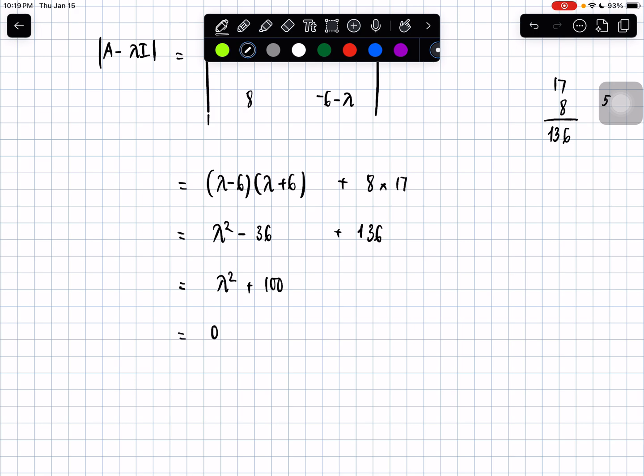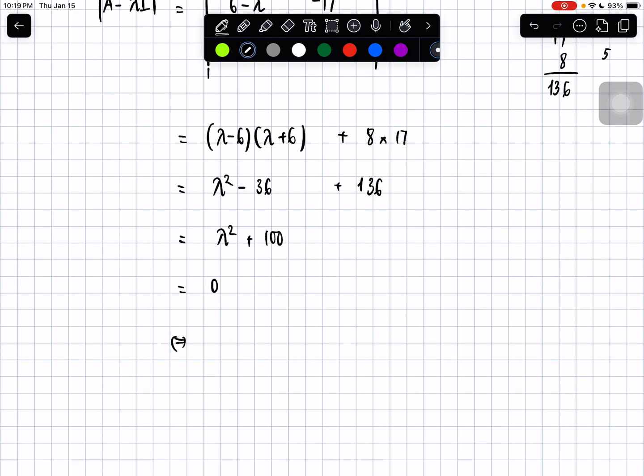This one equals 0. Lambda squared equals minus 100, or minus 10 squared, where minus is i squared.